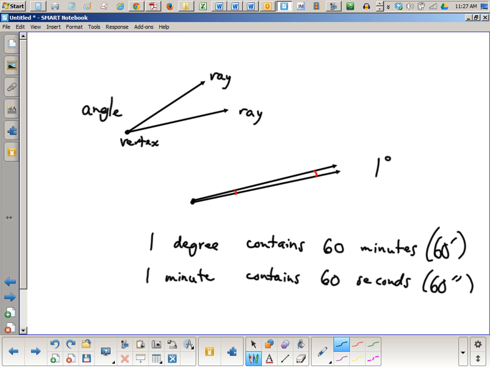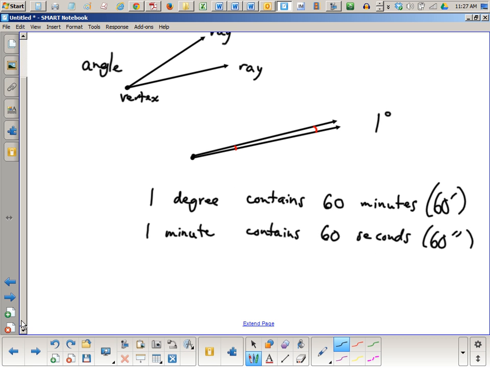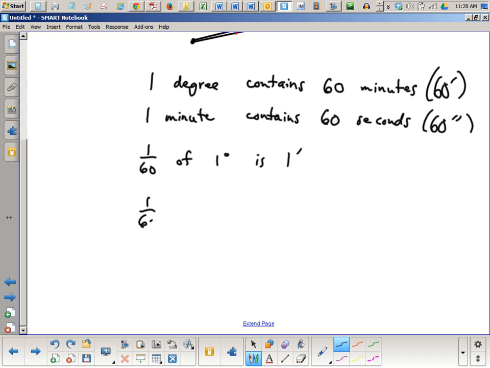Weird. Okay. Let's just write down a few facts here, okay? So another way of saying this is 1/60th of a degree is 1 minute. And 1/60th of 1 minute is 1 second. Or you could say 1/3600ths of 1 degree is 1 second.